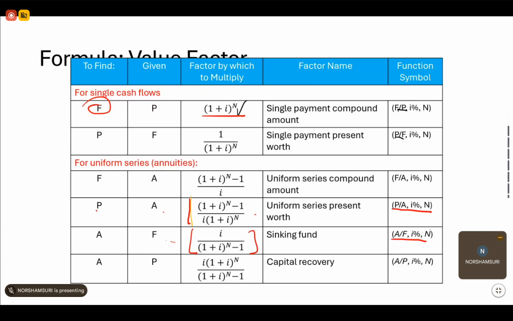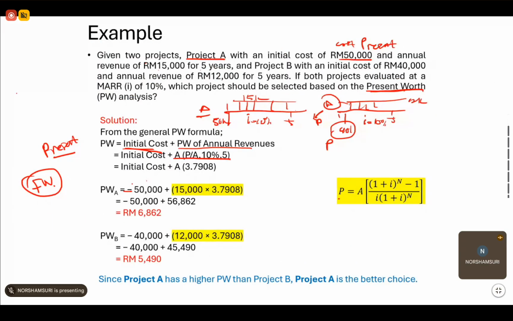So P over A. We want to get the present value when given the annual value. The annual value that we have is 15,000. We want to convert 15,000 into the present value. So this one is 10%, 5 years.